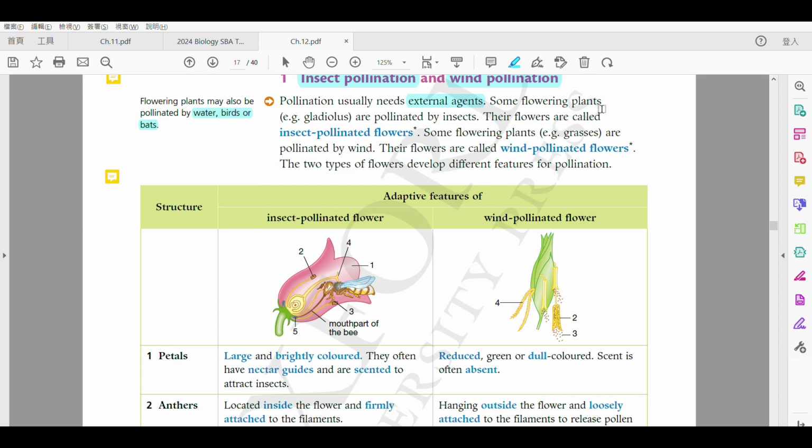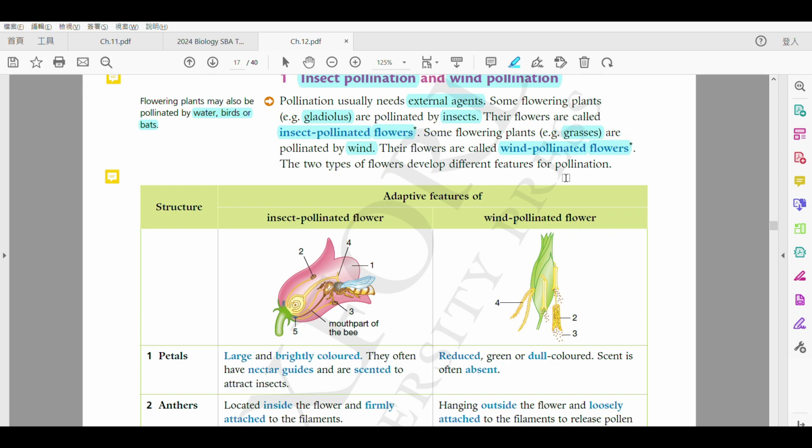Okay, so some flowering plants they are pollinated by insects, 例如 for example like gladiolus, you learn this word 喺邊度學過咧？就係喺呢個 vegetative propagation 嗰度啦。Gladiolus 中文就係劍蘭啦。Since it's pollinated by insect 啦，所以就會叫做 insect pollinated flowers 啦。Okay, and then some flowering plants 啦，例如 for example grasses 一啲草啦，就會 pollinated by wind。Therefore 啦，佢哋個名就會叫做 wind pollinated flowers.